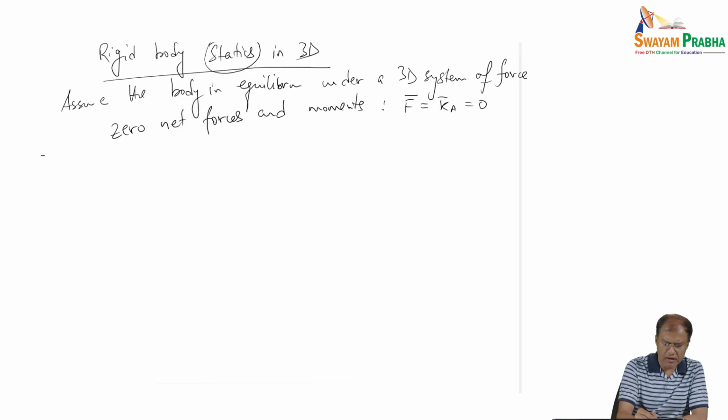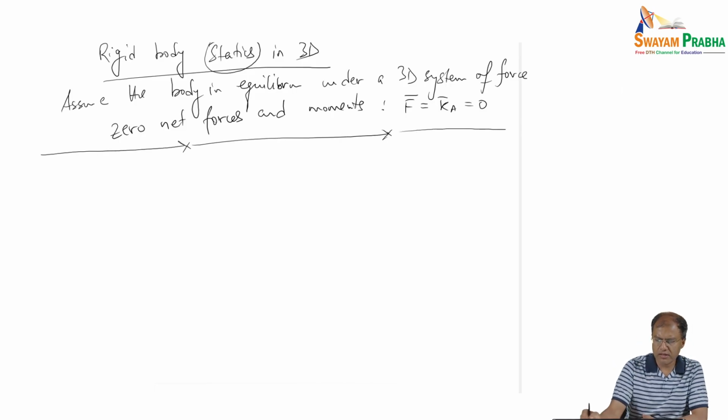Okay, let us continue our discussion by looking at some examples in 3D statics. So the first problem is that we have a rectangular plane. So in 3D, we are talking about an object in 3D. So the object is a plane.